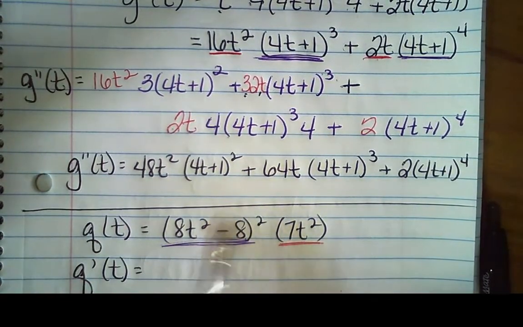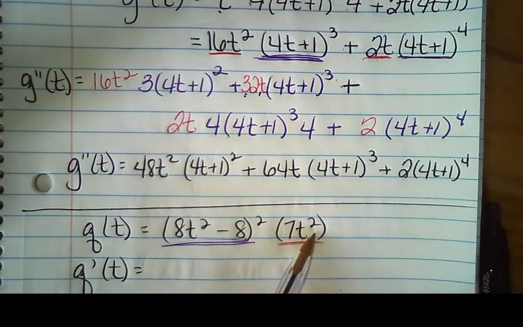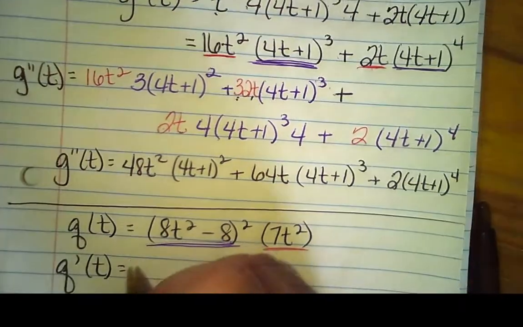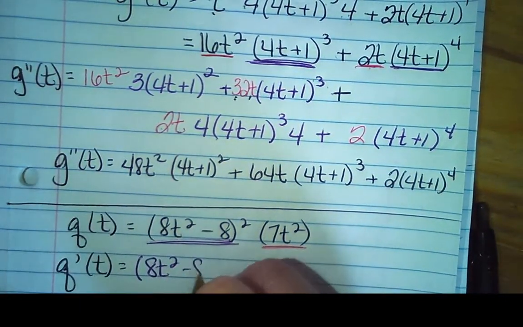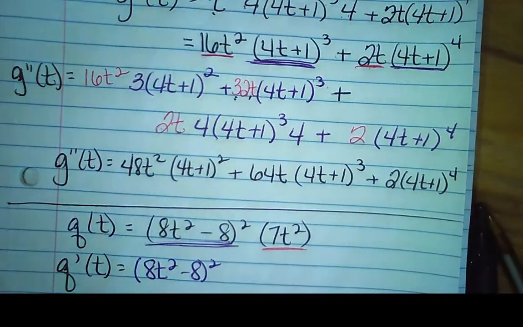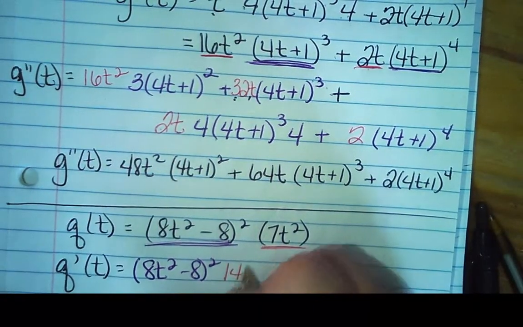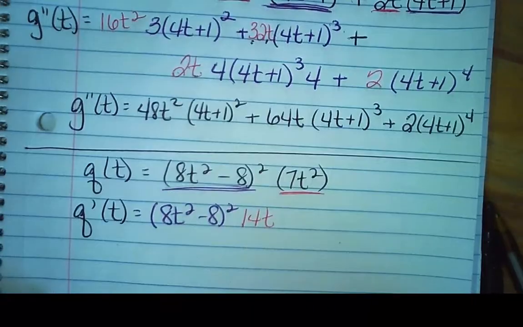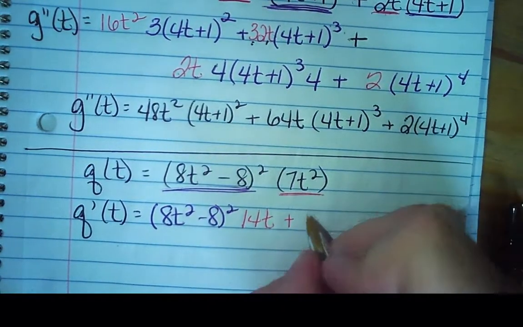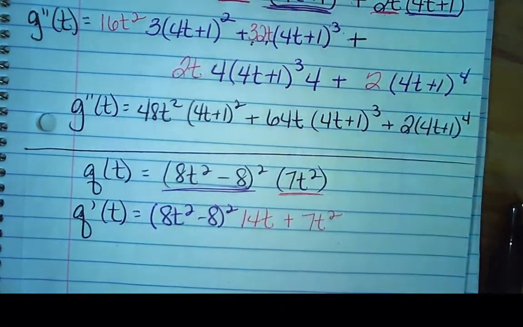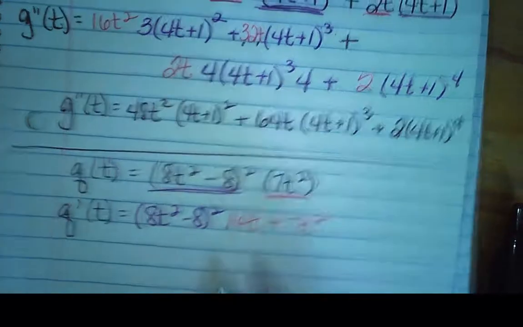But within that, I'm going to have to do some chain rule, okay? So product rule says I have the first times the derivative of the second, plus the second times the derivative of the first.